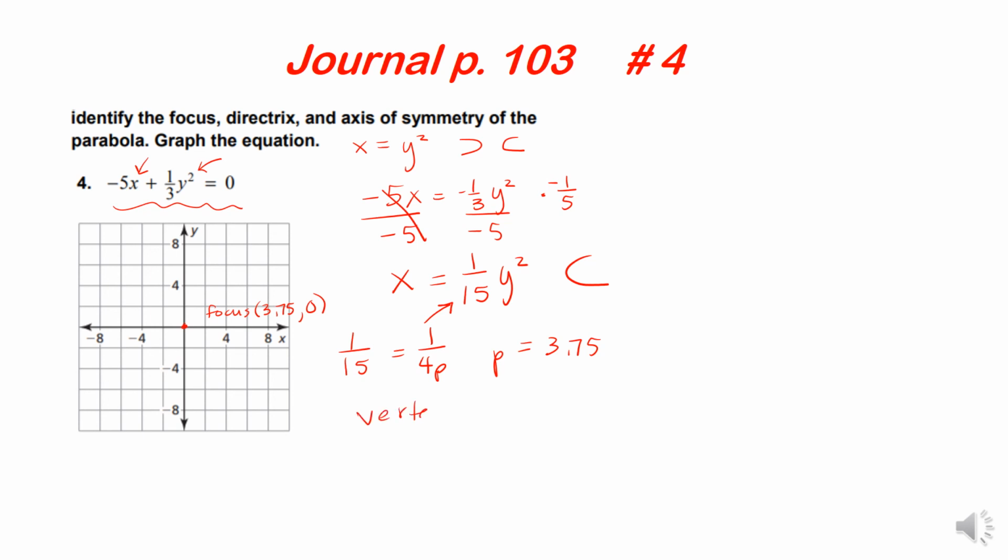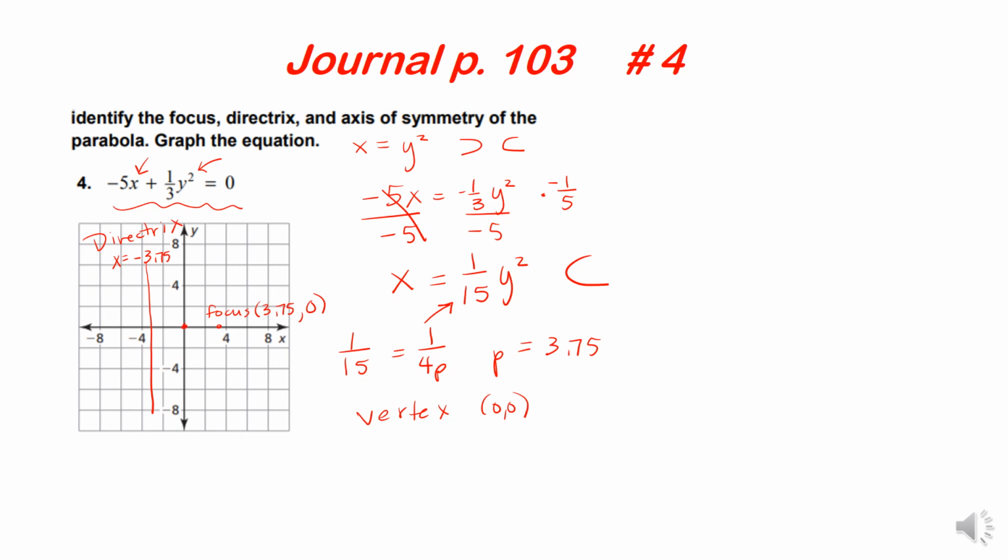So my vertex is 0, 0. And now I want the directrix, which means I'm going to, oh, that line disappeared. I'm going to go back 3.75 because they have to be the same distance. You should draw with a ruler. My line is x equals negative 3.75. And that is my directrix.